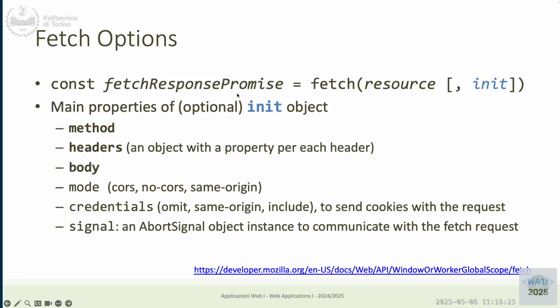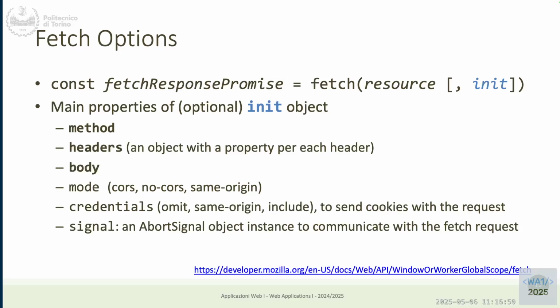The result of a fetch is a promise returning a response object. The arguments of fetch are, of course, the URL and an optional initialization object, which is a set of properties. By default, fetch only does a get request.